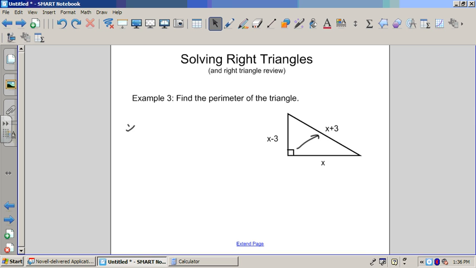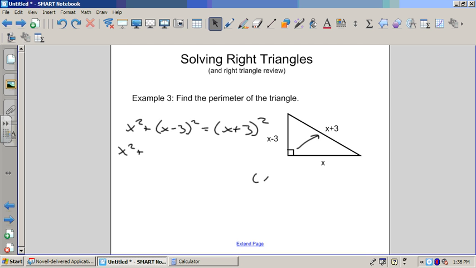I've got x squared plus x minus 3 squared is equal to x plus 3 squared. X squared is just x squared. What is x minus 3 squared? Hopefully you can do this without having to FOIL it out, but I'll go ahead and FOIL it out for us anyway.